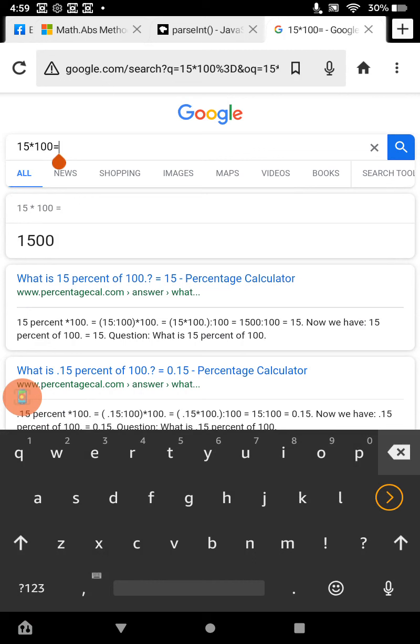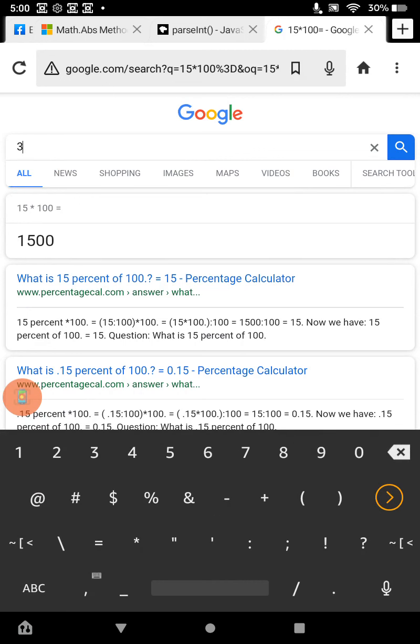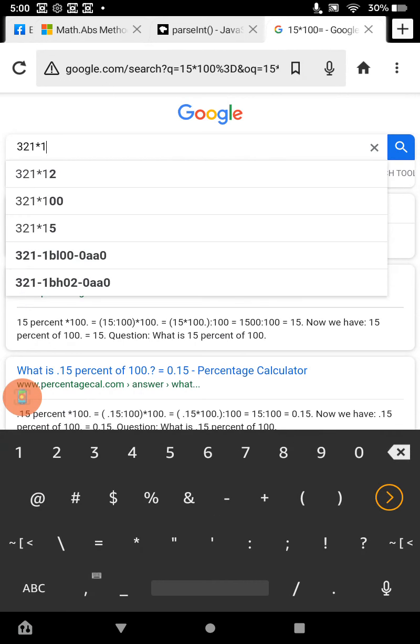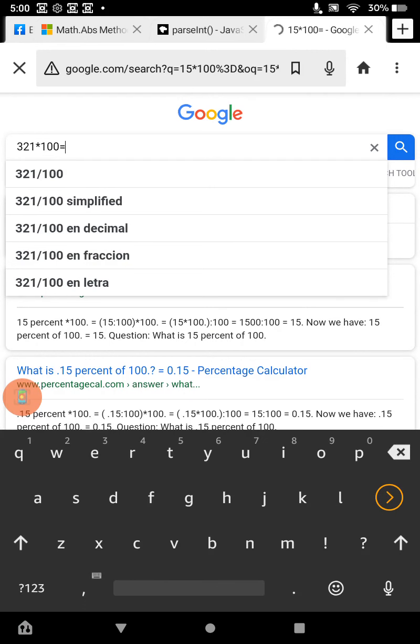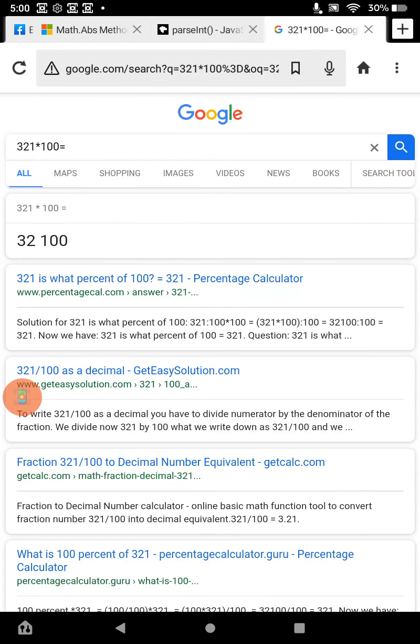We just do this: 3, 2, 1 times 100 equals 32,100.